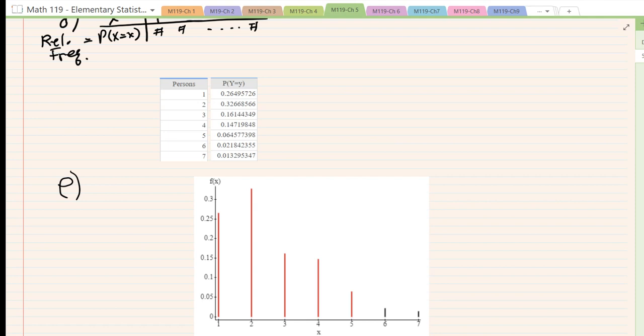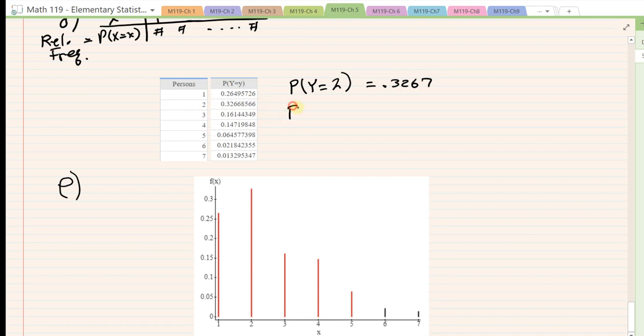For example, these are just extra problems I'm making up. What is the probability a random household will have exactly two people living in it? Well, the probability of two people is 0.3267. See how simple it is? Once we have the table, we just directly find these probabilities.